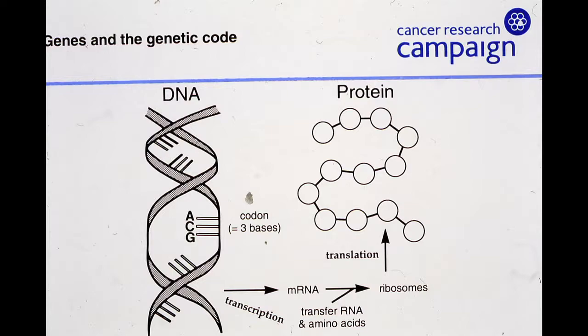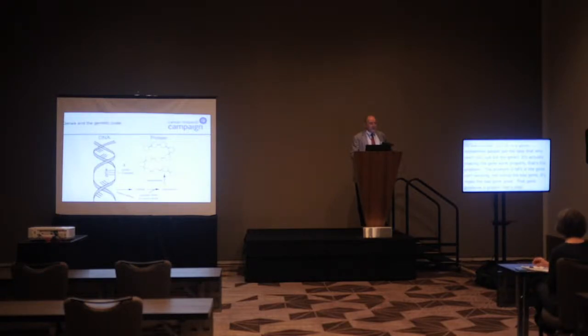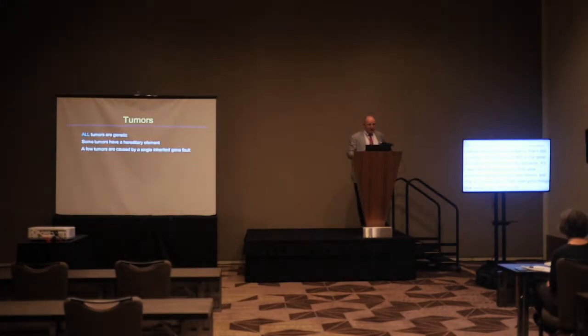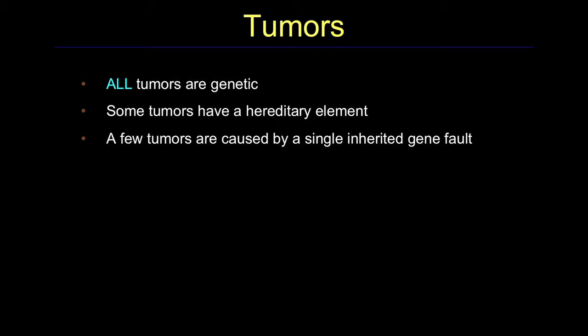And that gene produces a protein that's usually called merlin, and that is a good protein that does good things, that keeps your cells normal and doesn't let them form into tumors. So the basic understanding about this is that all tumors are effectively genetically caused.